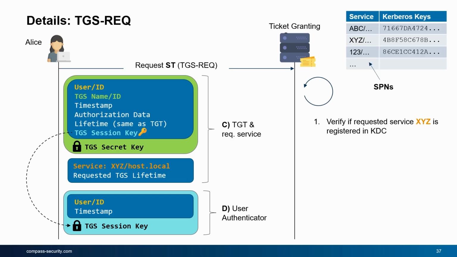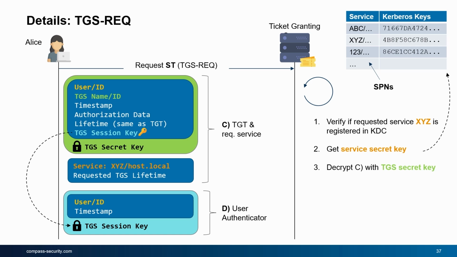If we look at what the server does on its end when it receives this message, first of all, it will look up whether the service principal that we request is actually registered within the domain, otherwise we'll get an error. If this is the case, it will load the secret key of the service that we request. It will then decrypt the TGT that it received with its own secret key. Since this is the ticket granting server, it has access to its secret key.